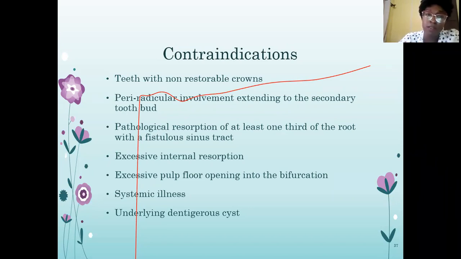When you have excessive internal resorption, excessive pulp floor opening into the bifurcation, or if the patient has a systemic illness. So those are some of the things. Again, radiographs: you'll need an OPG and some bitewings to be able to see all of these things.